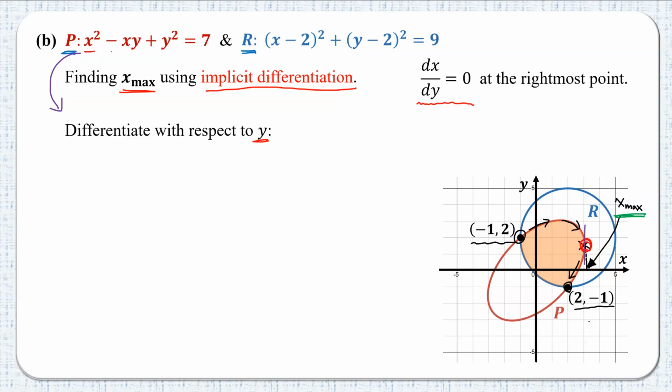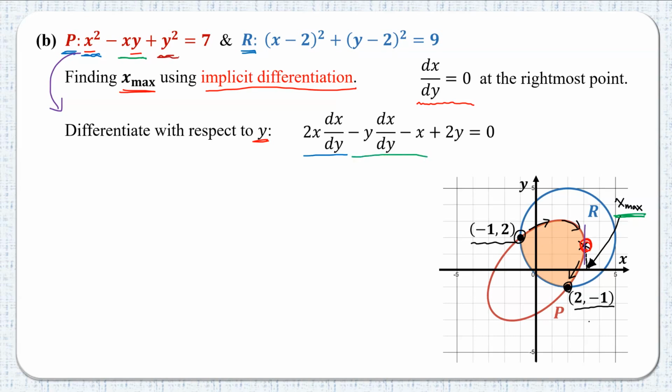Obviously, because x is dependent on y, we have to apply the chain rule when differentiating x terms, which leads to this result. Differentiating x squared gives 2x times dx over dy, and as for the next part, we have to apply the product rule, which gives this part.